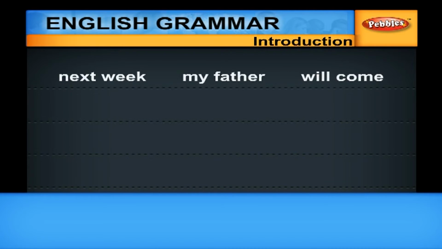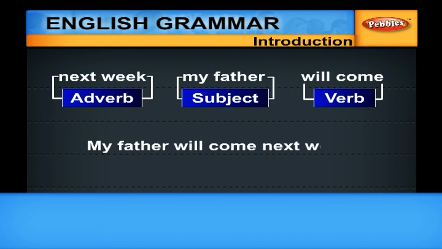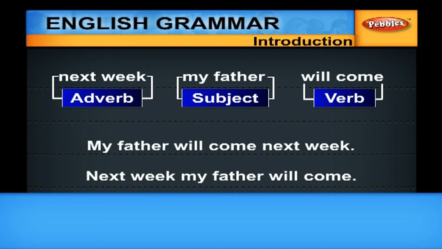The subject in this group is my father. The verb must come next: will come. Then you have the adverb, next week. My father will come next week. Or you can say, next week my father will come.